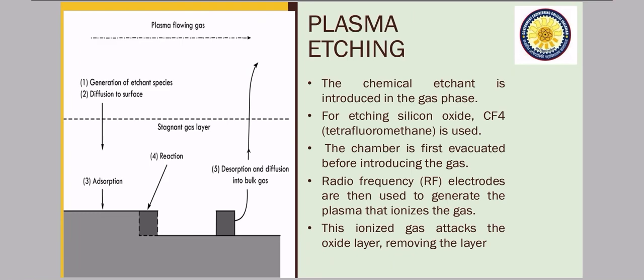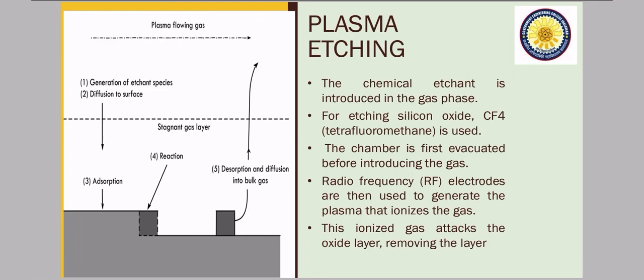So ionized gas attacks the oxide layer and it removes it. So basically what is happening, gases are transported to the wafer surface, where they adsorb to the surface and react with the wafer surface material at the step edges. The gases then desorb from the surface and then it will be removed.